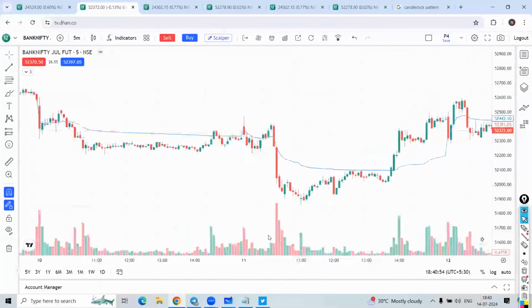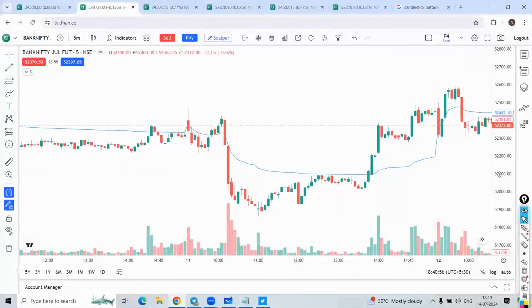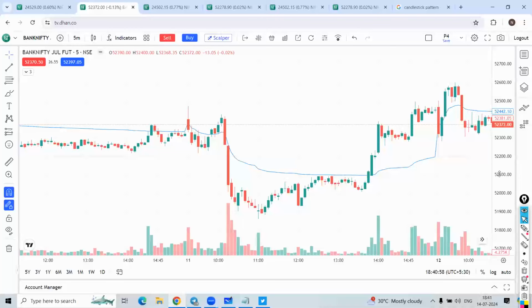For me, I know only two things: good candle, time pass candle. For me, candlestick patterns are defined only in two ways. One is good candle, one is time pass candle. That's it.